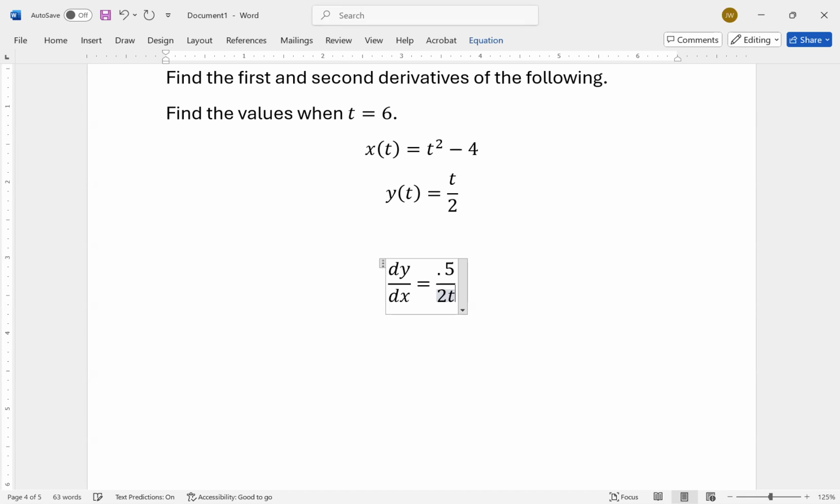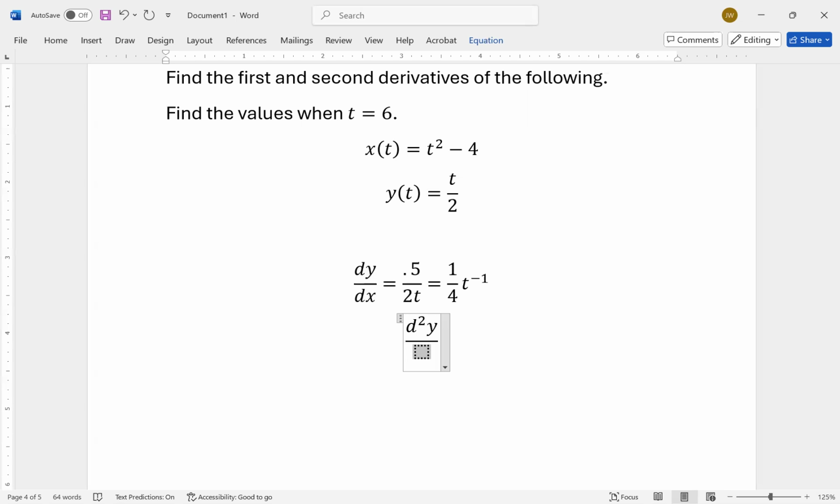That would be 2t. So if we do this, I can simplify that as 1/4t, or 1/4 times t to the negative 1 power. Again, that's just a little simplification because I kind of know what's going to come up when I do my second derivative.